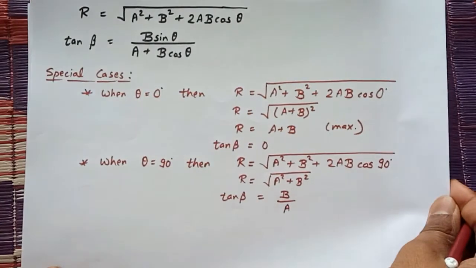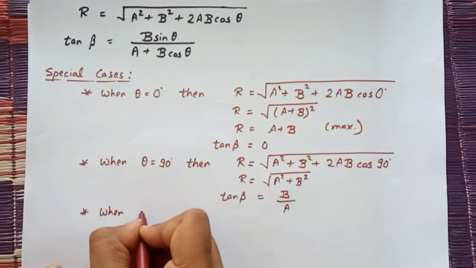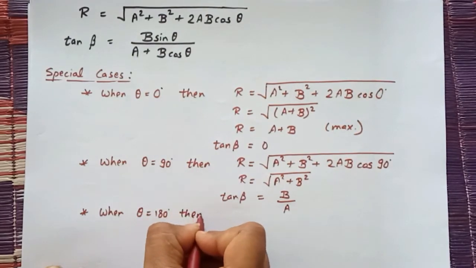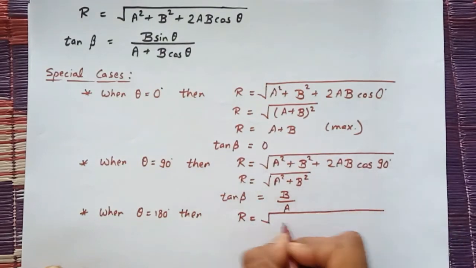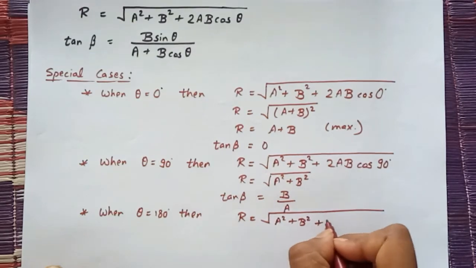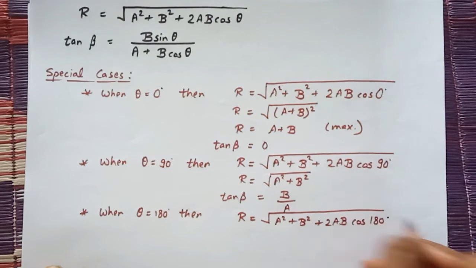And when theta is equal to 180 degree, then what will be R? It will be A square plus B square plus 2AB cos 180. What is cos 180?